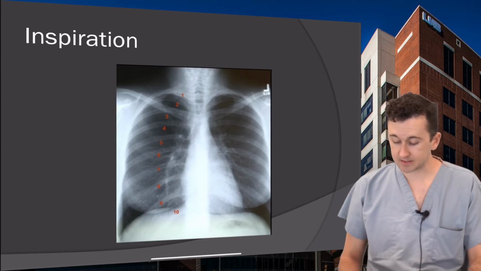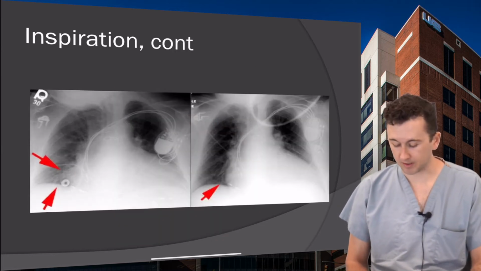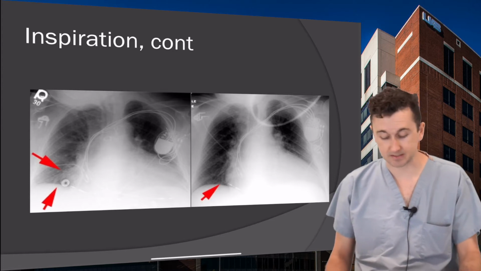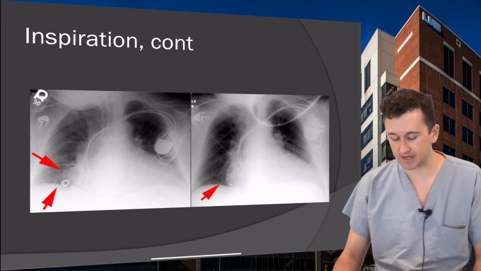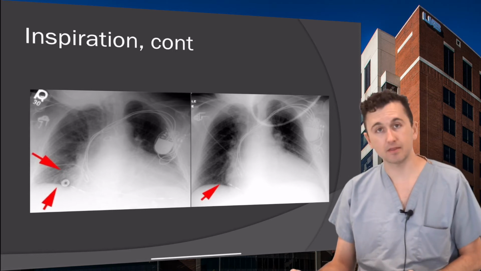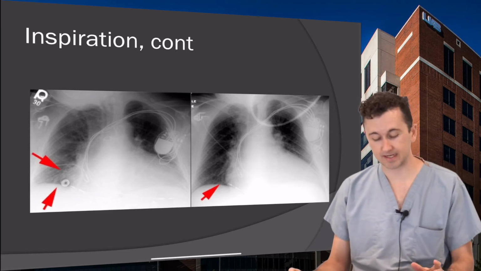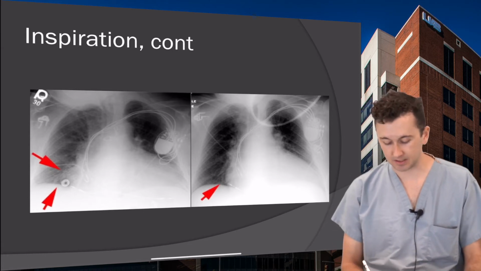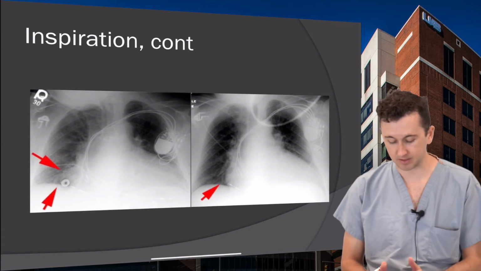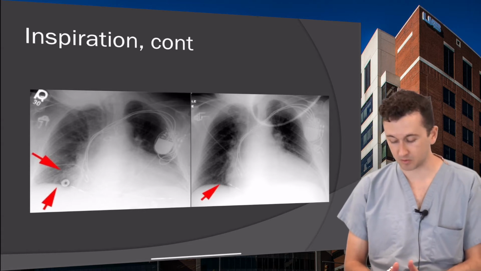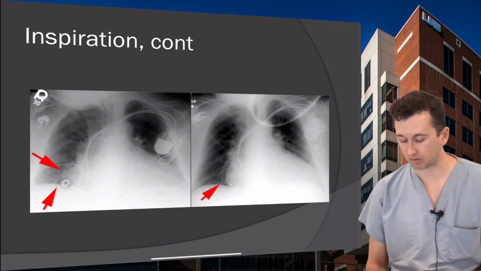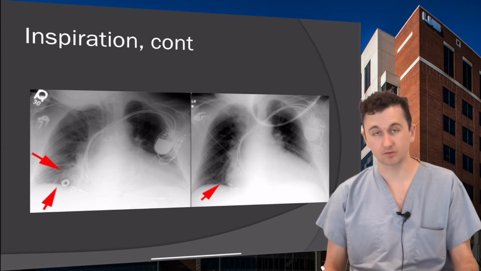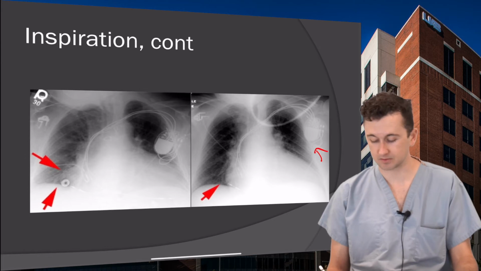So this is the same patient, and you can ignore the red arrows. What I want to focus on is this ICD this patient has. If you look at the image on the left, this film was taken at the end of exhalation, and you can see the ICD battery looks like it's almost touching the border of the heart, whereas in the film on the right, the ICD battery is almost completely in the soft tissues, which is where it truly is anatomically.